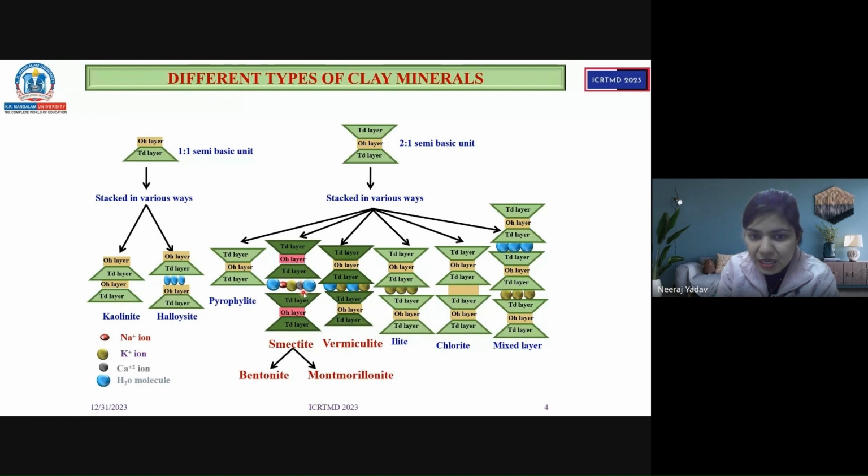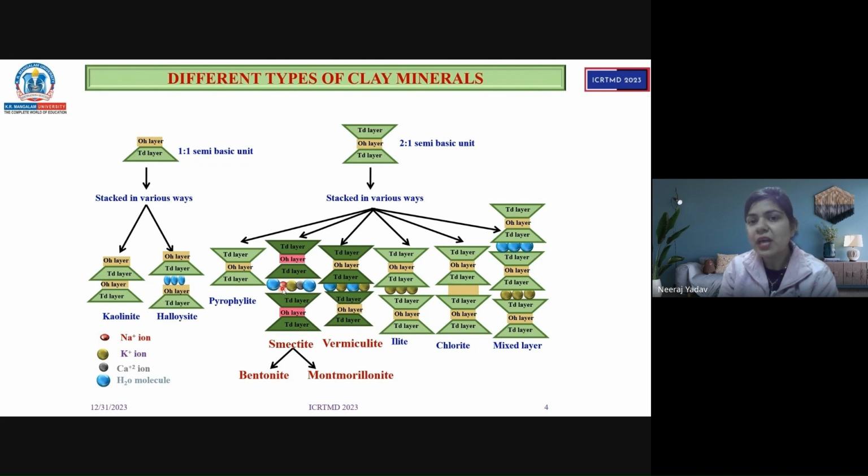In these, one octahedral layer is sandwiched between two tetrahedral layers, and this space is known as the interlayer space, where water molecules and inorganic ions could be present, such as calcium 2+, sodium +, and magnesium 2+.